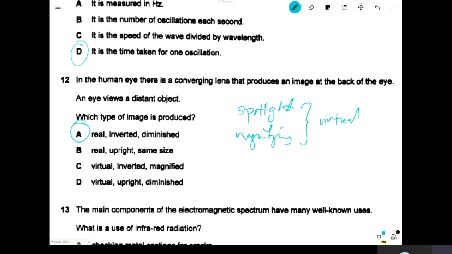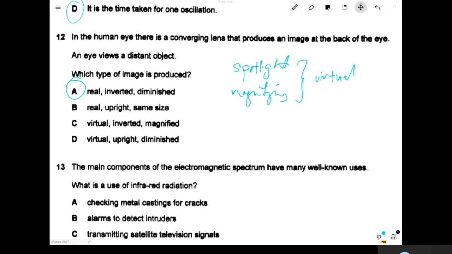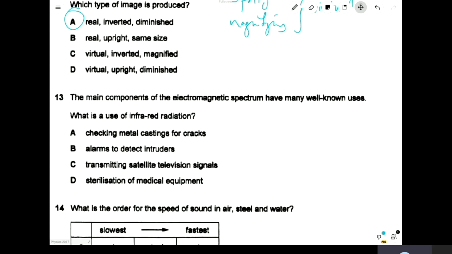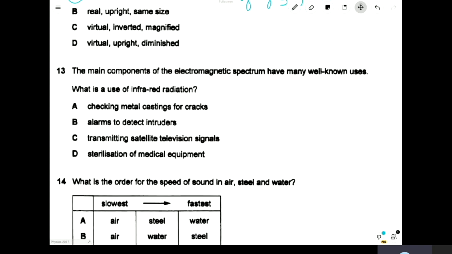Camera is considered real because it can be captured on the screen. Spotlight and magnifying glass cannot be captured on the screen. Spotlight cannot because it's just one, there's no fixed focus. Magnifying glass because the image is on the other side. You can look at the notes, the Comparative Guide to Physics, then you can see.